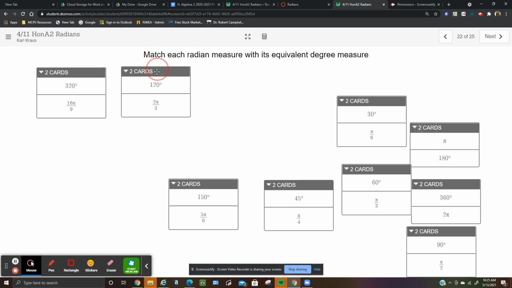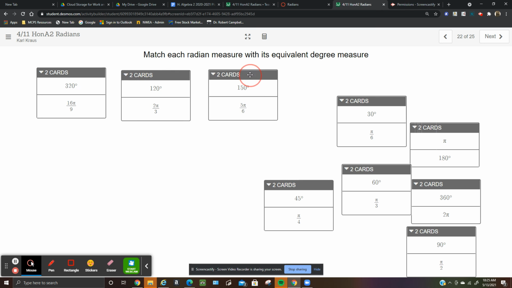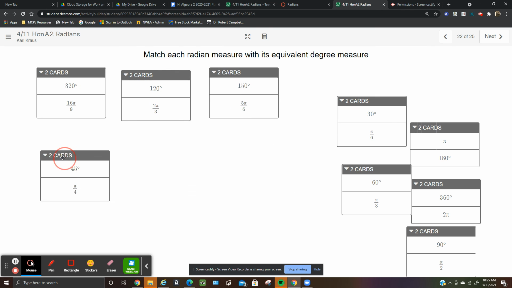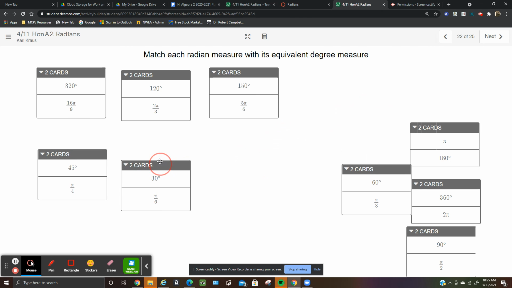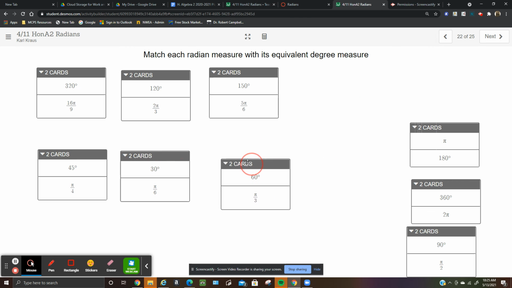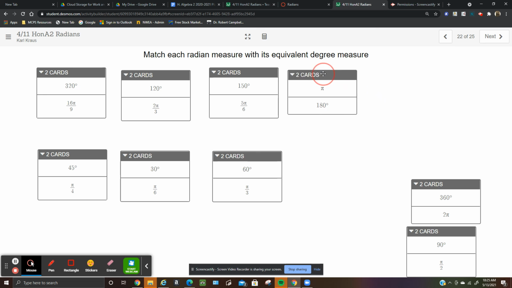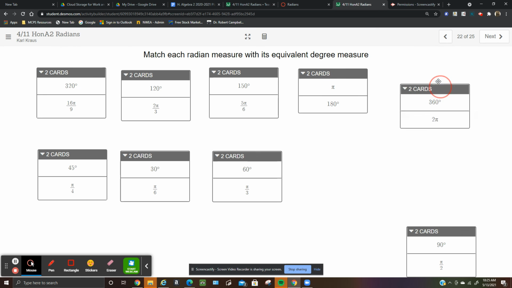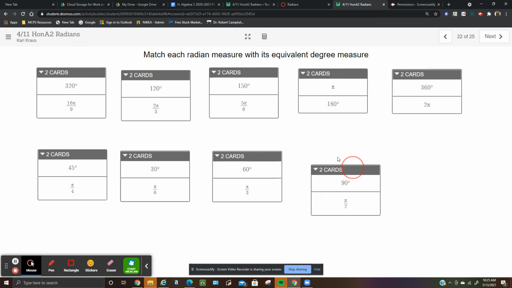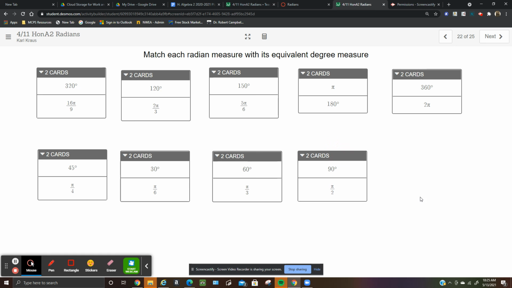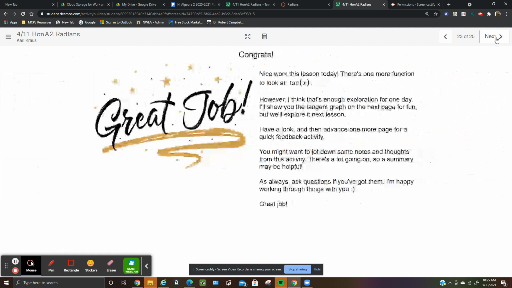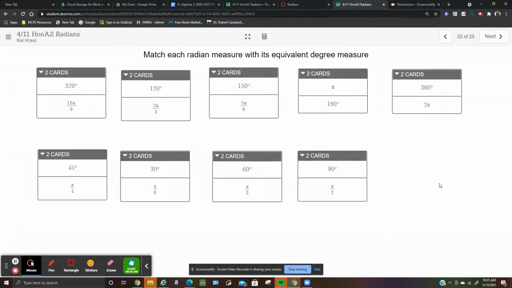So this is the way it should look when you're done here. And that's it for radians. The rest of the slides are about the tangent.